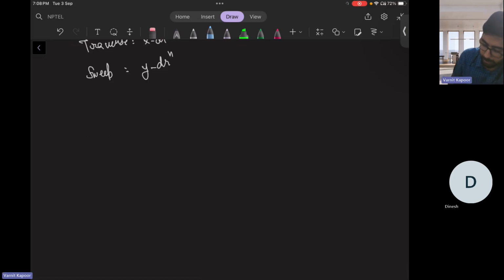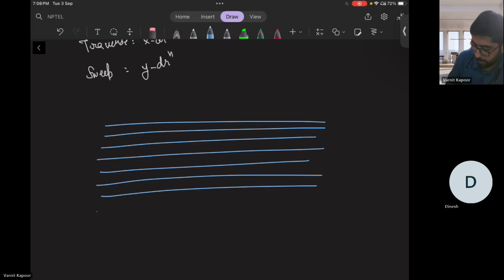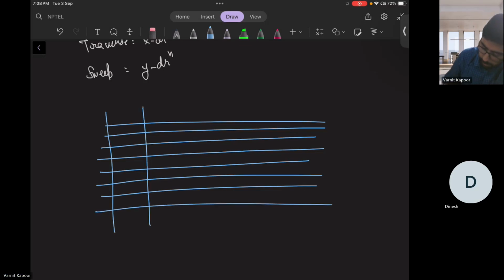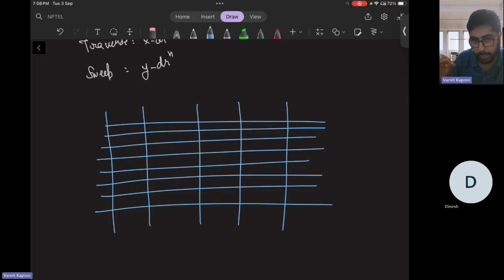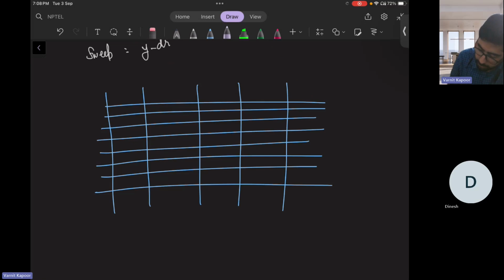The grid looks something like this. If you observe, the X dimension is quite higher than the Y dimension. Our cell of consideration is this.